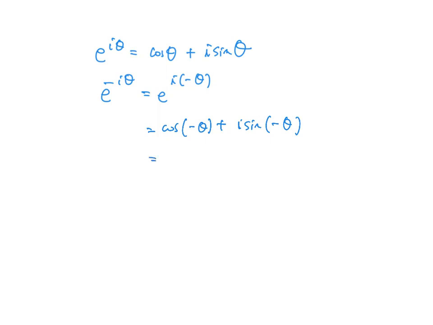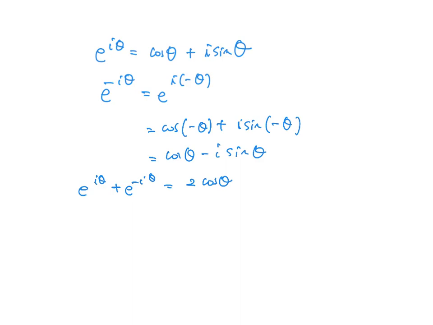Cosine minus theta is the same as cosine theta, but sine minus theta is minus sine theta, so minus I sine theta. So we can combine them together: exponential I theta plus exponential minus I theta is 2 cosine theta, right?